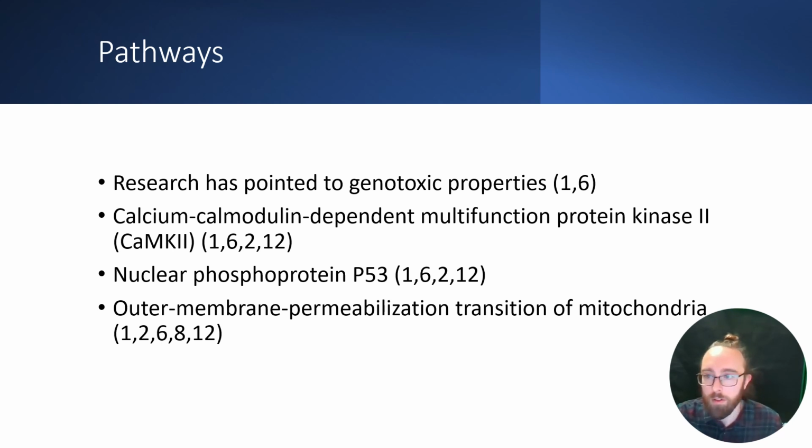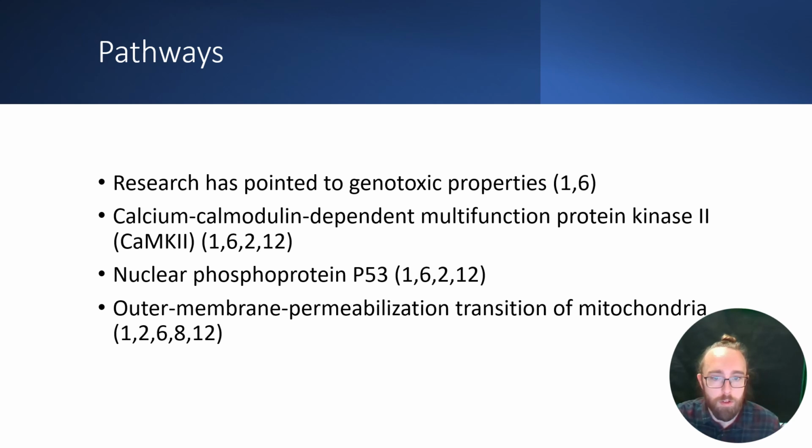Current research has pointed to genotoxic properties, such things like the nucleotide excision repair and DNA double-strand break repair by non-homologous end joining. They have been shown to be inhibited by microcystin.